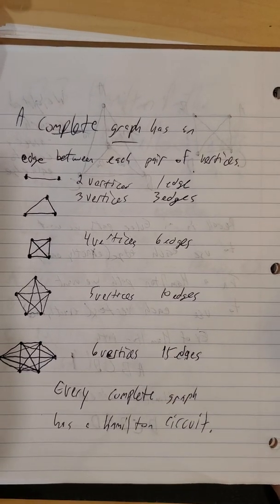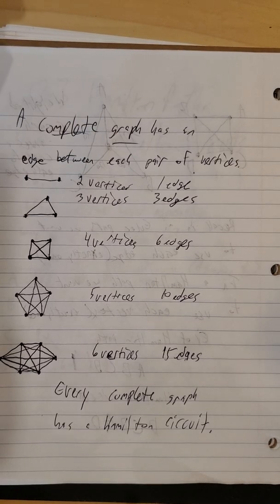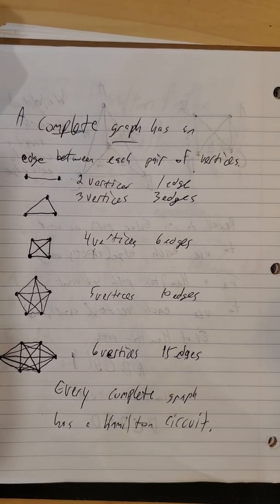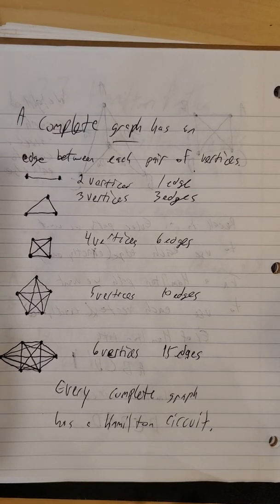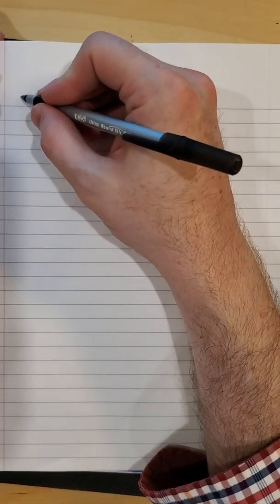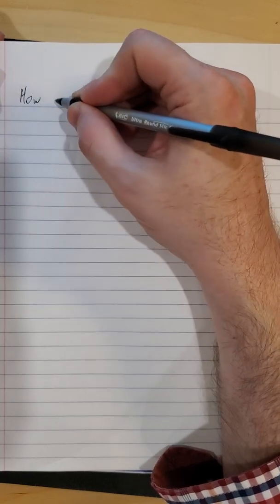There has to be a Hamilton circuit on there if it's a complete graph. Alright, so how many are there?